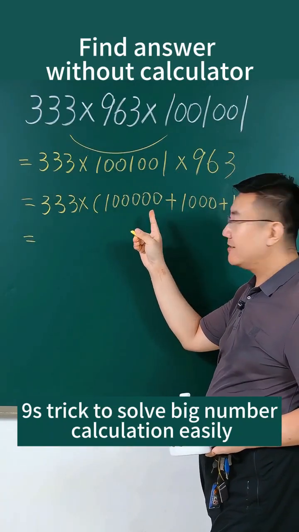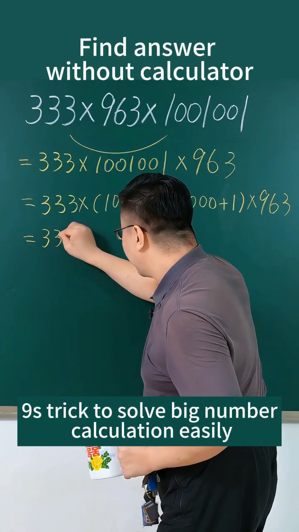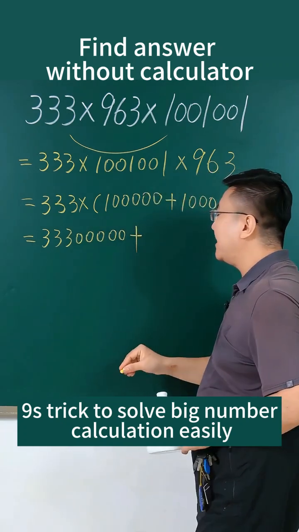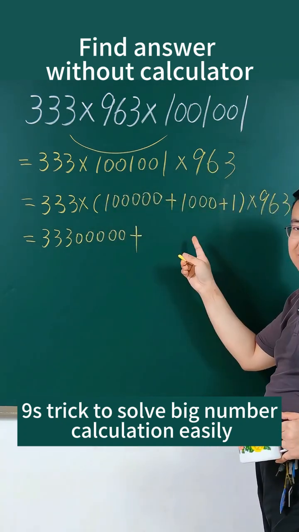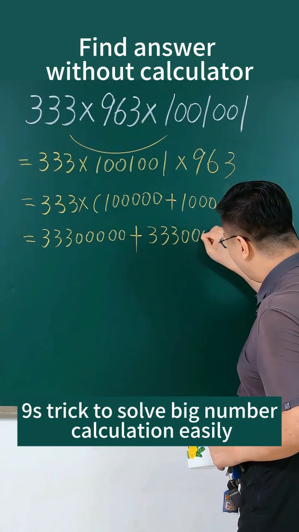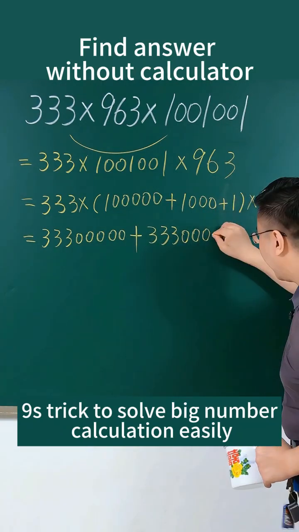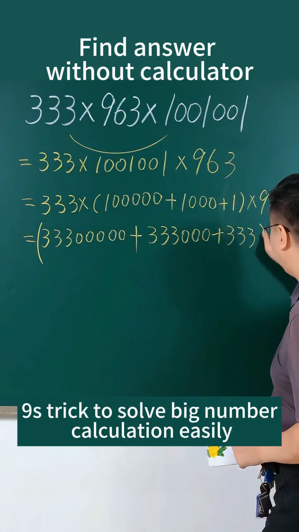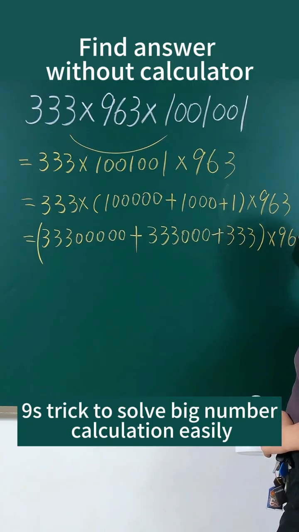First, multiply 333 by the part with 6 zeros. That's just 333 followed by 6 zeros. Then add 333 multiplied by the part with 3 zeros, which is 333 followed by 3 zeros. Finally, add another 333, then multiply the whole sum by 963.